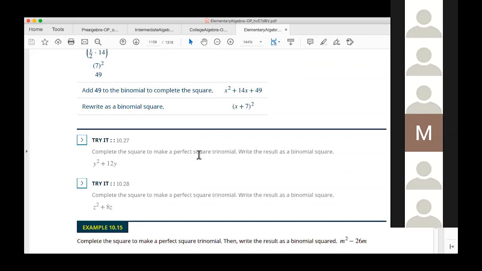Complete the square. You let me know what you found, and then you do it on a piece of paper and I do it on my end, and we can compare results.